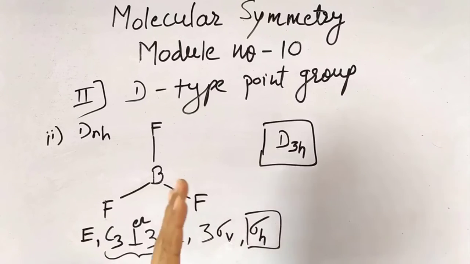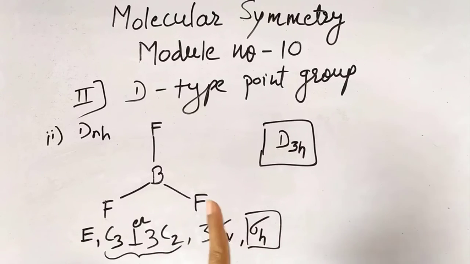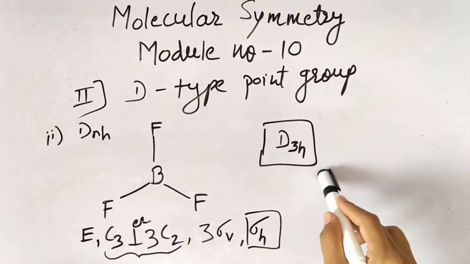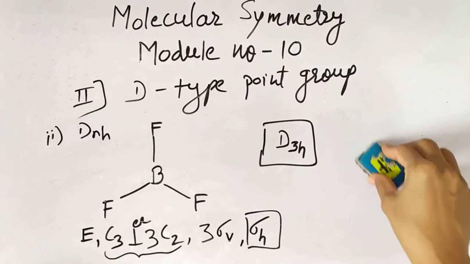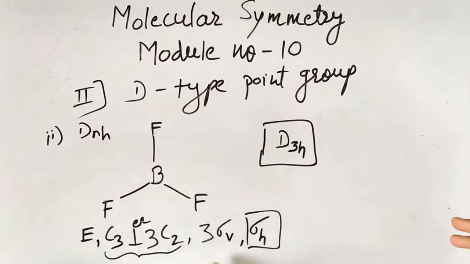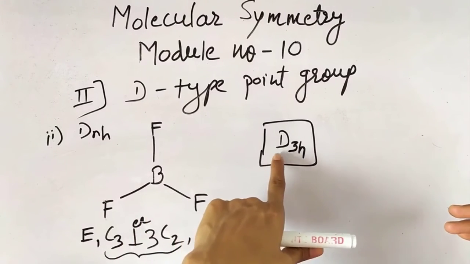Then explain all these symmetry elements in at least one line, write down all the symmetry elements in list form, write down the final point group and make a box around it. Alright. So according to this, the final point group of BF3 is D3H.